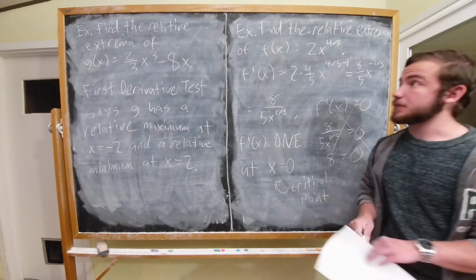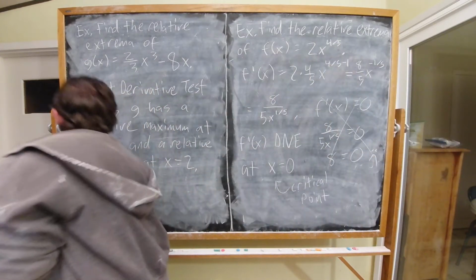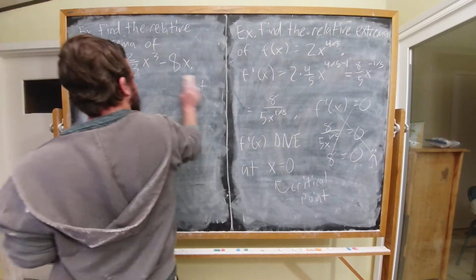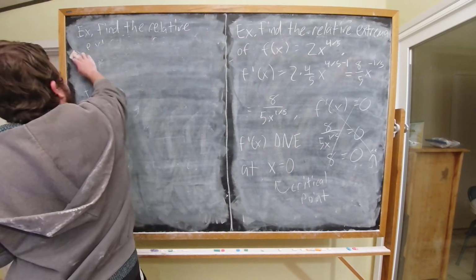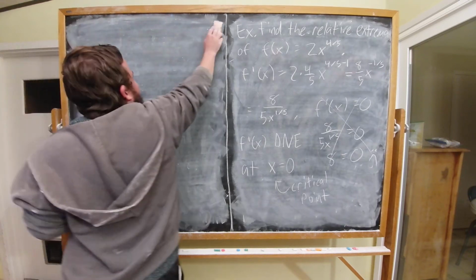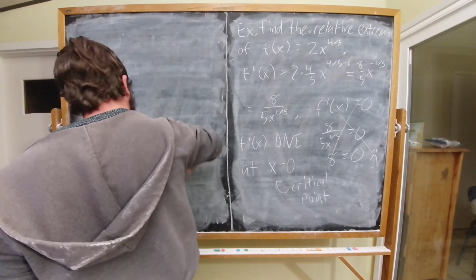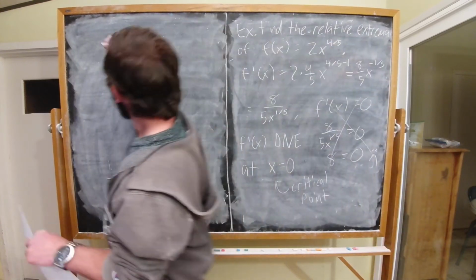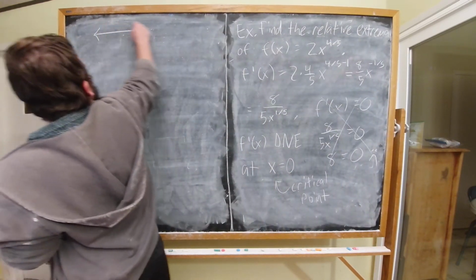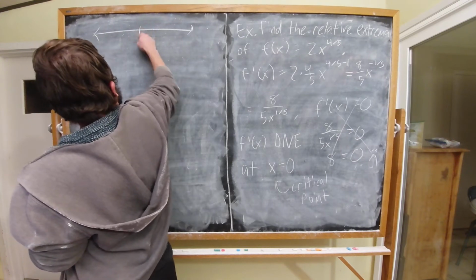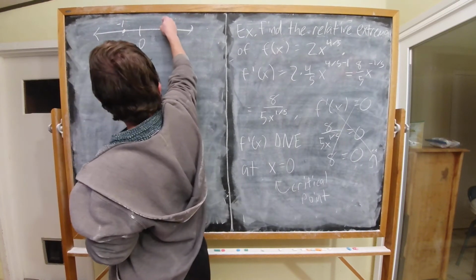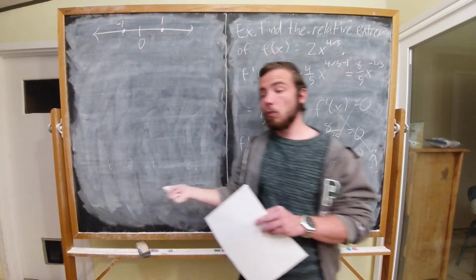Let's do our analysis. And guess what? It's the same dang thing. Nice and convenient, because it means you don't have to learn more tricks. Number 9, our critical point is 0. I will choose as my ever so distinguished test points -1 and 1.